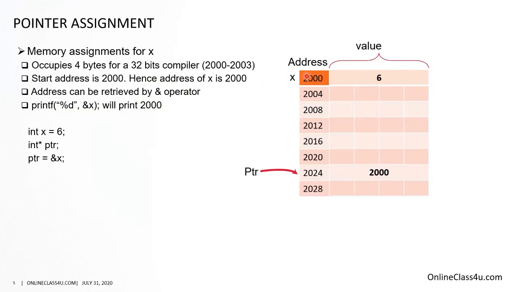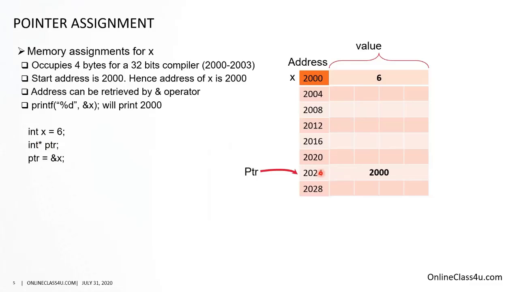Now let's consider there is a pointer which is sitting on some memory location, 2024. This is a pointer type variable, int star ptr. That means it will allocate a memory of 4 bytes, and the variable name ptr will be assigned to 2024.